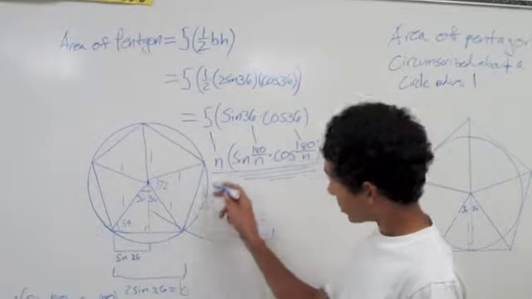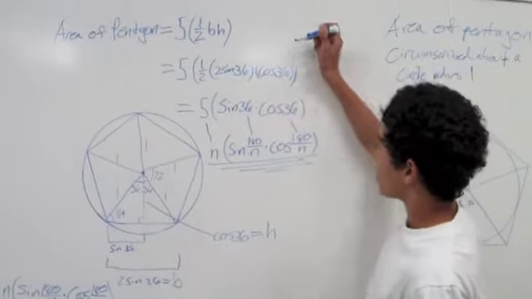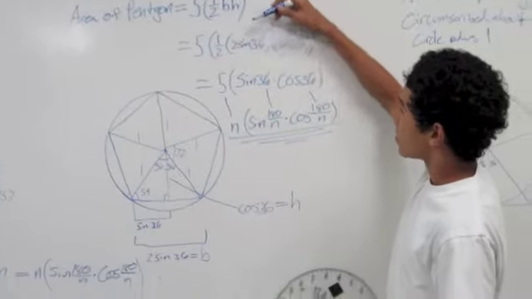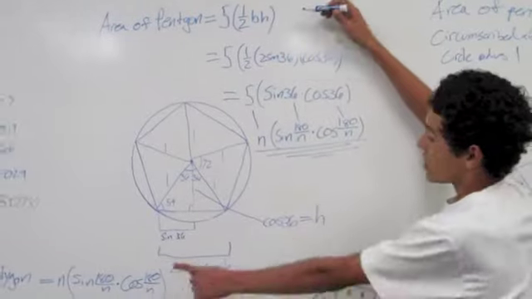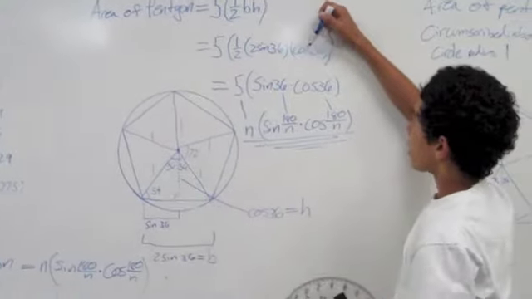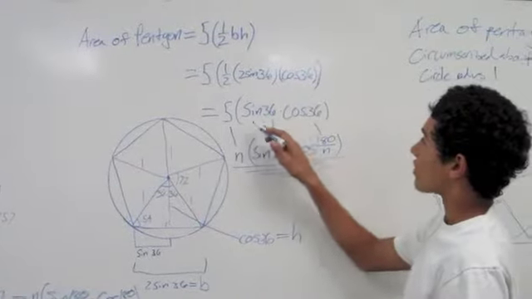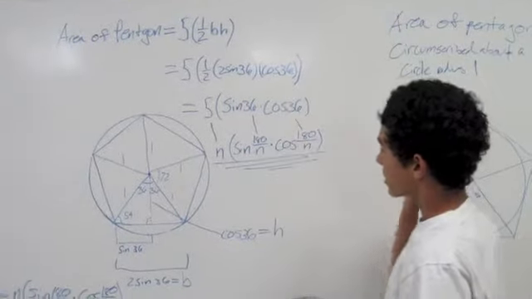And then to find the area of the entire pentagon, we did that times 5. So 5 times 1/2 times 2 sine 36, which is the base of a triangle, times cosine 36, which is the height. And so this equals 5 sine 36 times cosine 36.